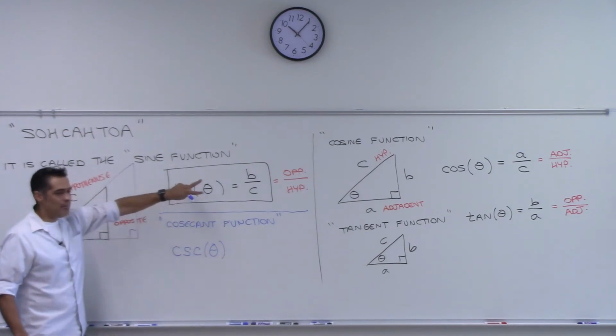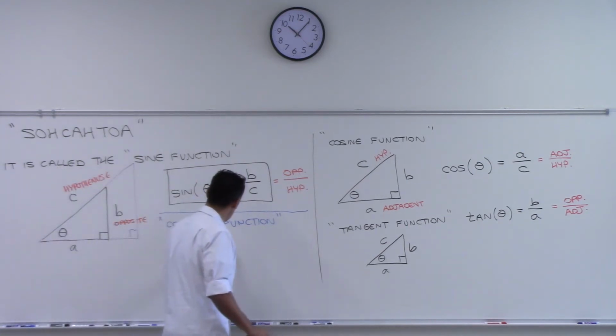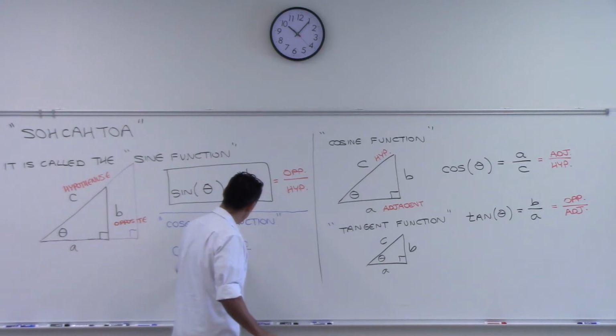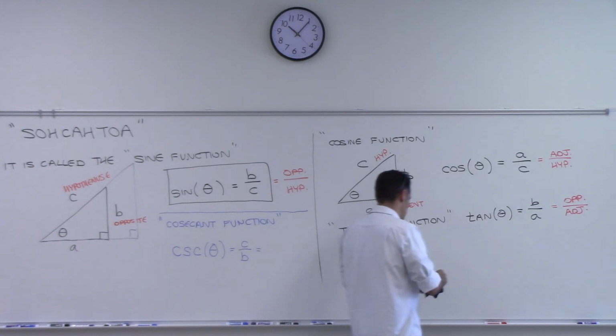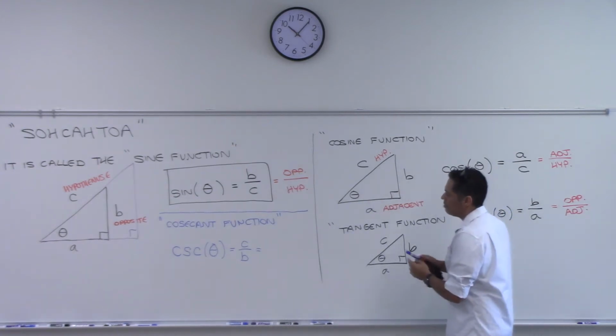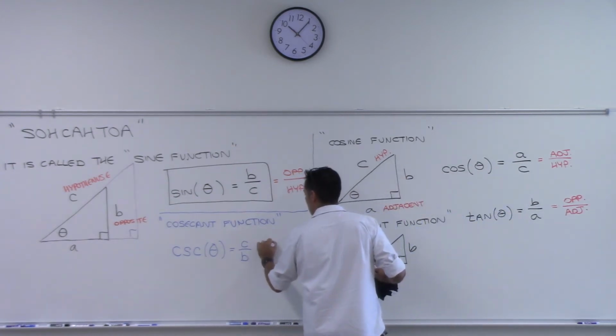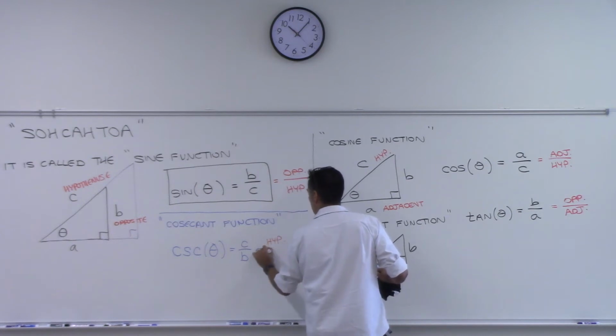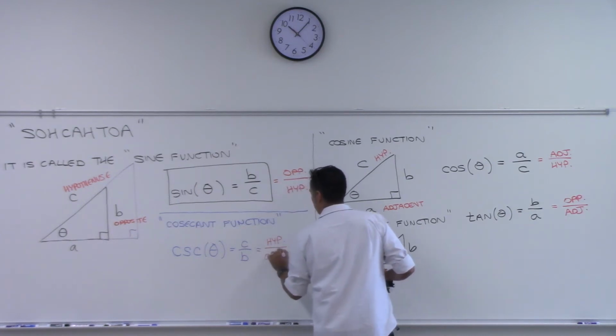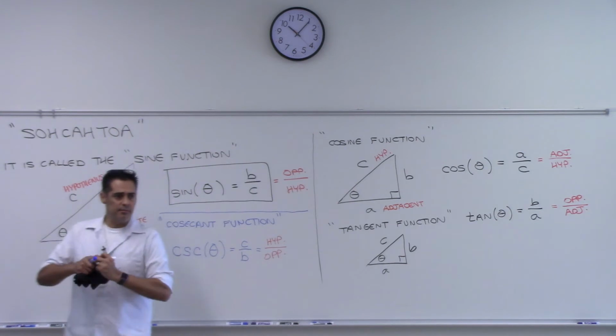All it is is that one flipped. So it's c over b. Or if you want, in terms of the SOHCAHTOA thing, you could say that it's hypotenuse over opposite, right? It's the hypotenuse over opposite.